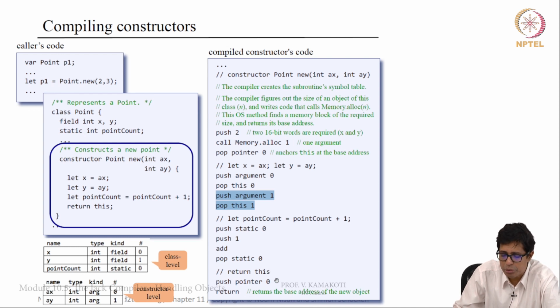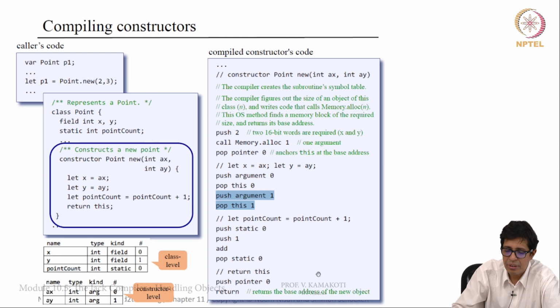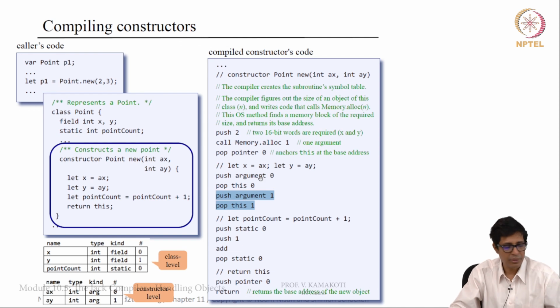Then we push this, and return. So we just push pointer 0 and then we return. So what will be on the top of the stack? The address of the newly created point will be there.